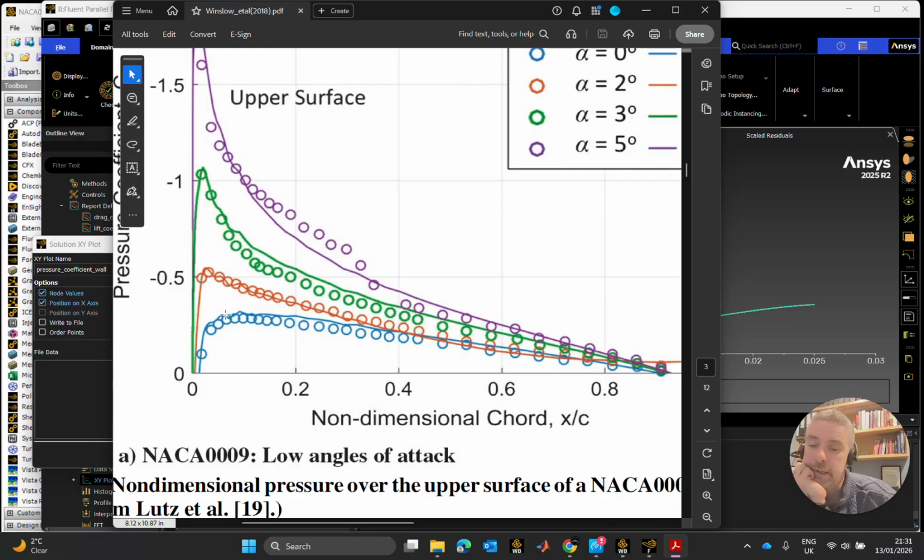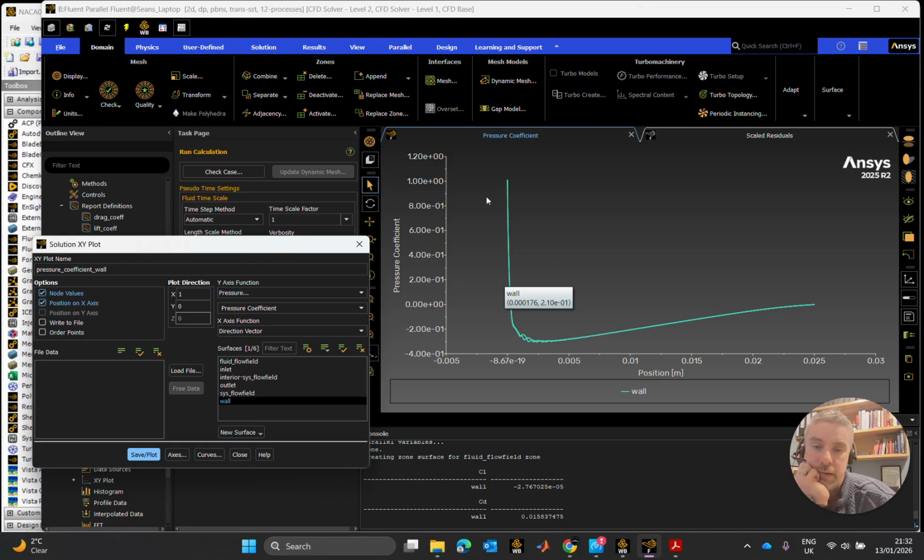So I'm going to look at the magnitudes in the negative direction. I'm at roughly minus 0.3. Here is minus 0.2, minus 0.4 there, and look at that, there's minus 0.3, right nearly smack bang on what the experimental data has.